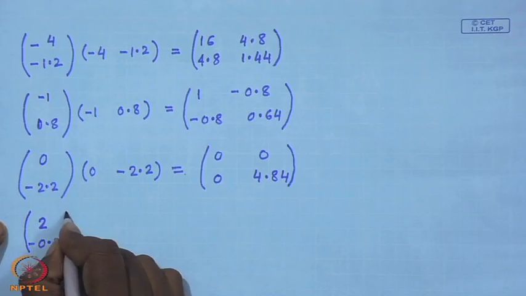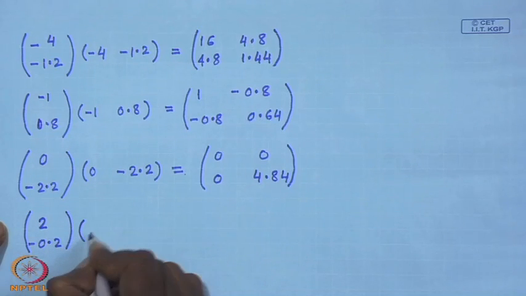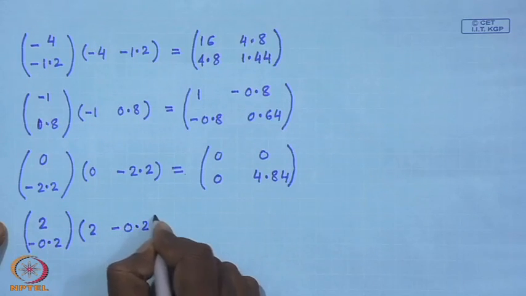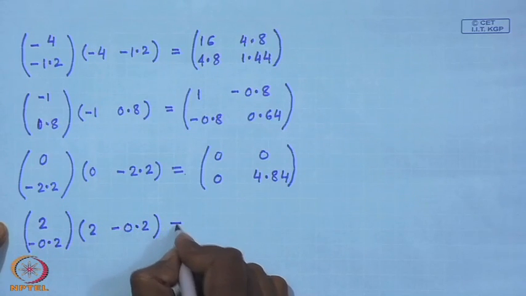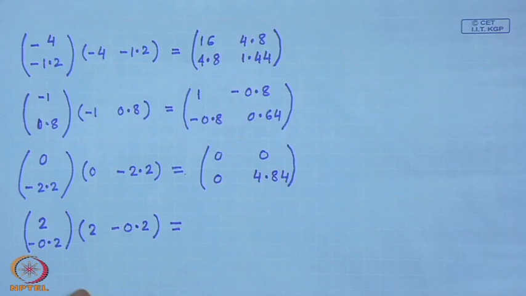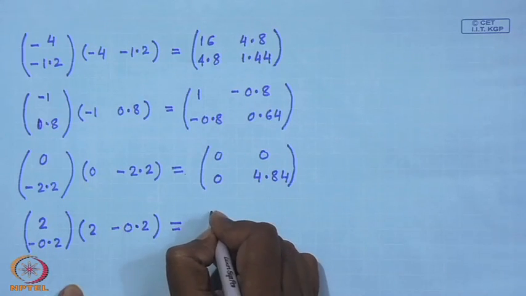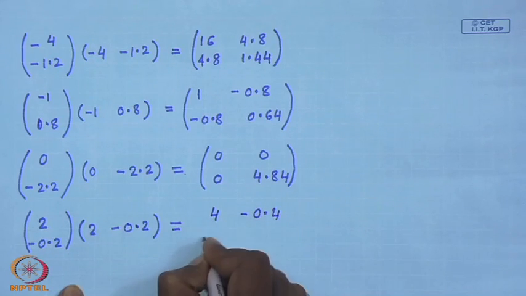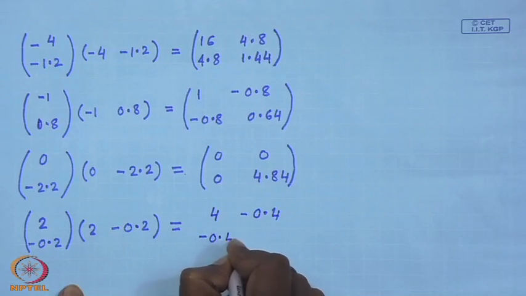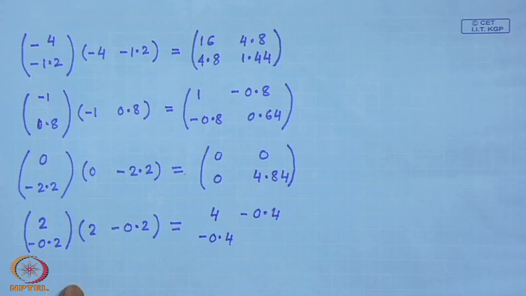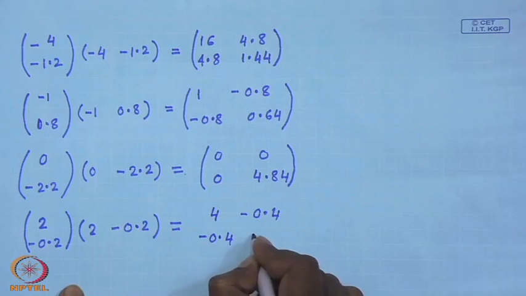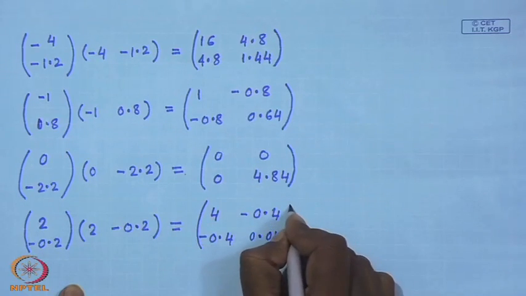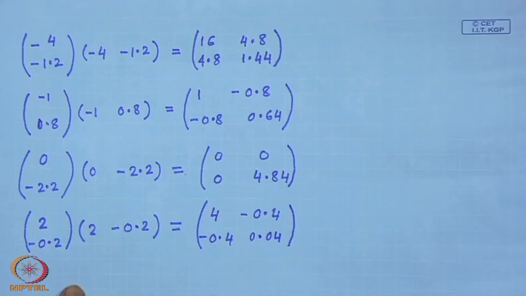This is the column vector into 2, minus 0.2 the row vector, and if I multiply these two, what I get is 4, minus 0.4, minus 0.4, and then 0.04. This is the fourth matrix.